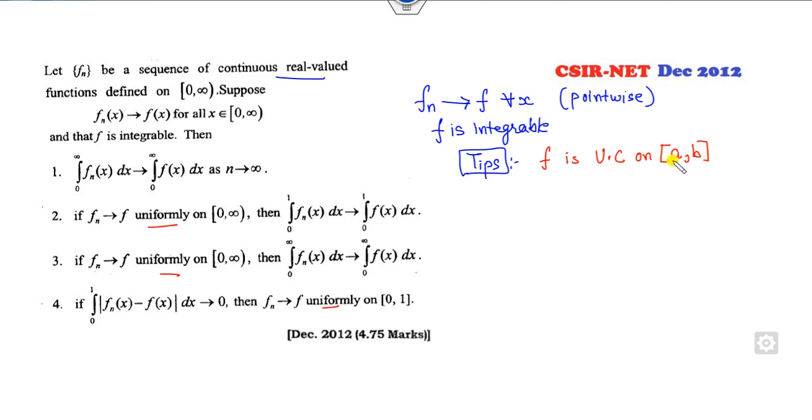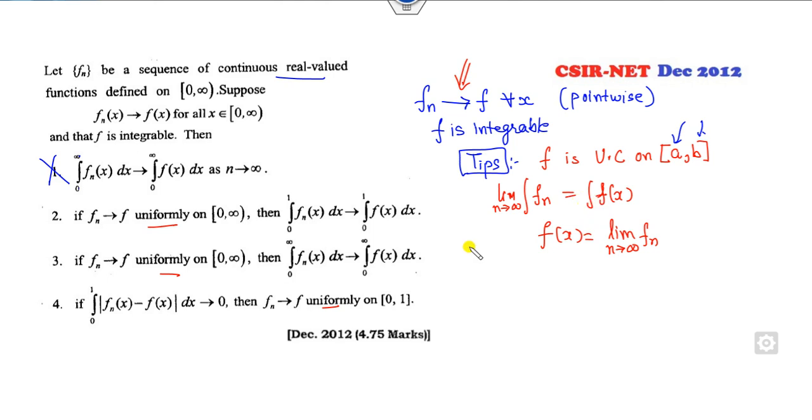Remember that on the closed interval a comma b, the limit of f_n as n approaches infinity is the limit of f(x), where f(x) is the limit as n approaches infinity of f_n(x), and it is already given as pointwise. So remember, it's a closed interval, but here it is not a closed interval, so this is not true.